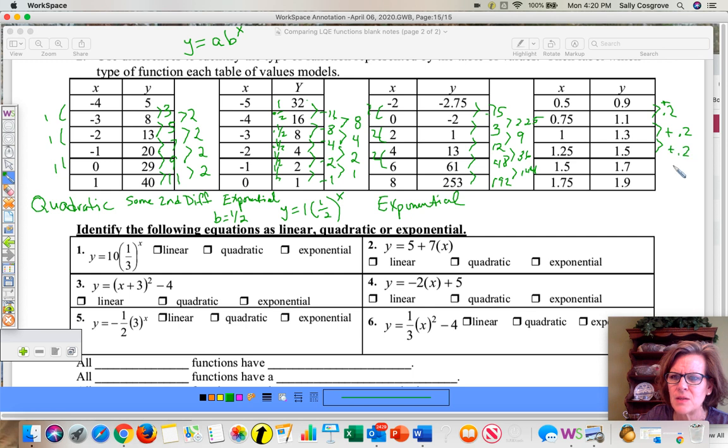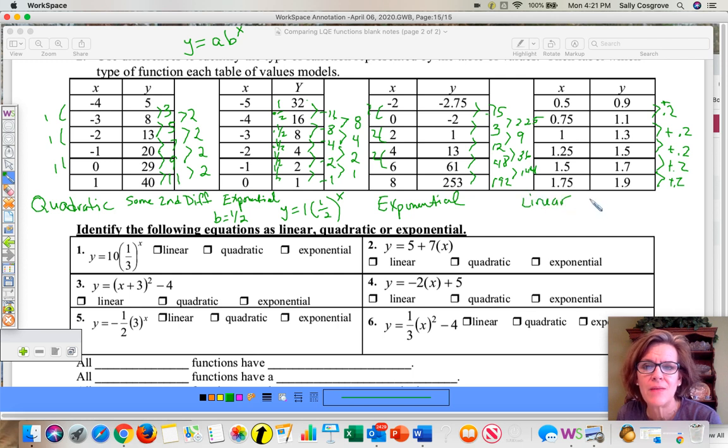This is plus 2/10, plus 2/10, plus 2/10. So if you'll notice what's happening, I'm adding the same thing each time. Ding, ding, ding, ding. That is the telltale sign for linear. So this is linear and it has the same first differences or rate of change.